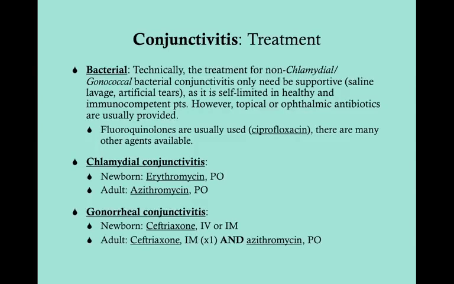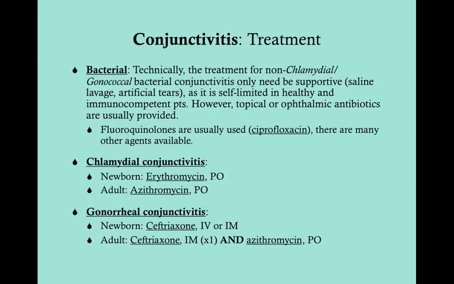If it is chlamydial conjunctivitis, unlike the other bacterial conjunctivitises, it's usually a sticky, watery discharge. In the newborn, you'll use liquid erythromycin orally, and then in the adult, you'll use azithromycin orally, similar to how you would treat a genital tract infection.